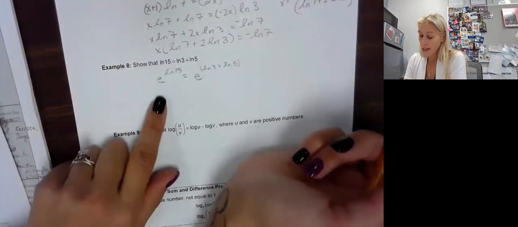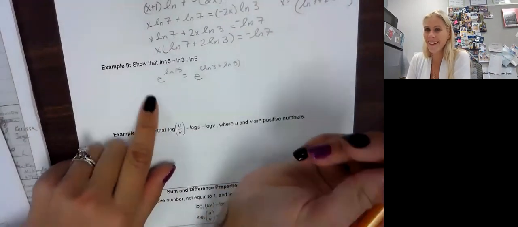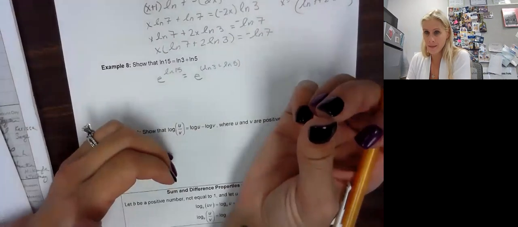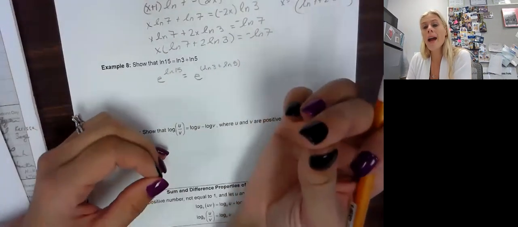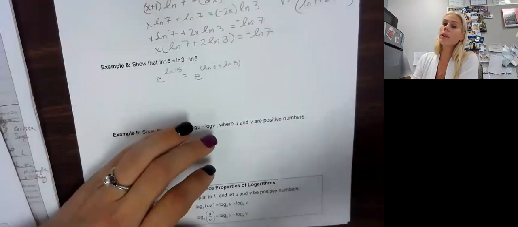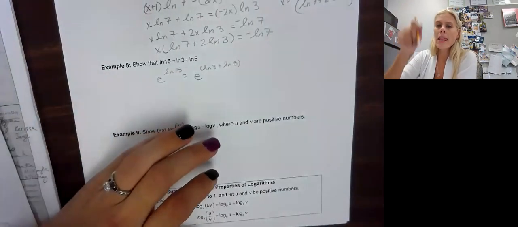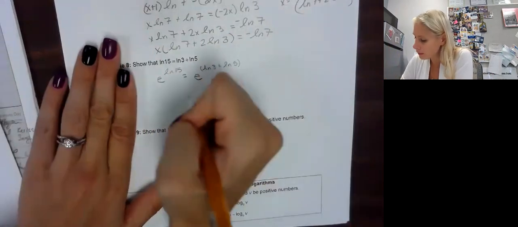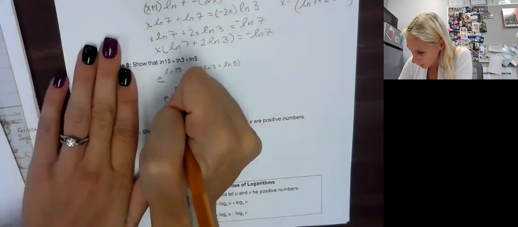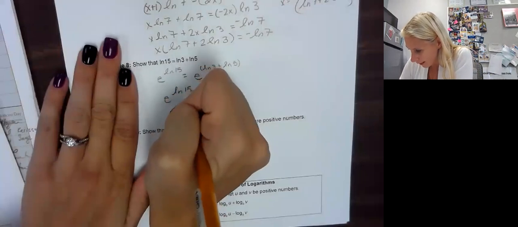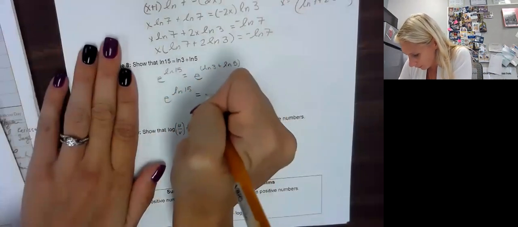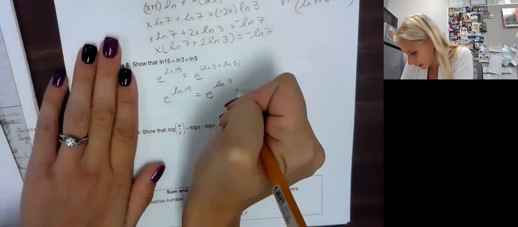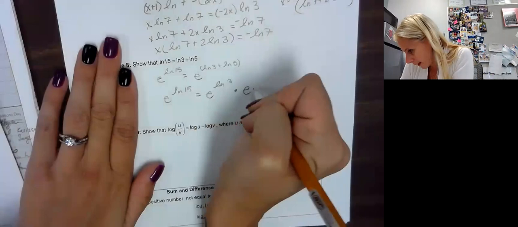Okay, now here's the tricky part. When you add exponents, right? If we were to go backwards, what is the thing you do to be able to add exponents? Well, you add exponents when you actually have a multiplication of the same base. Okay, I'm going to write this down and re-explain what I just said.